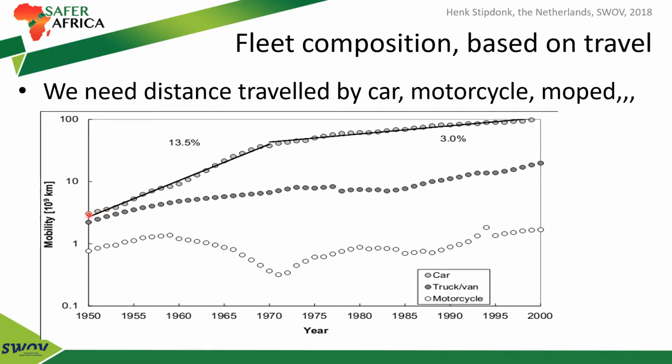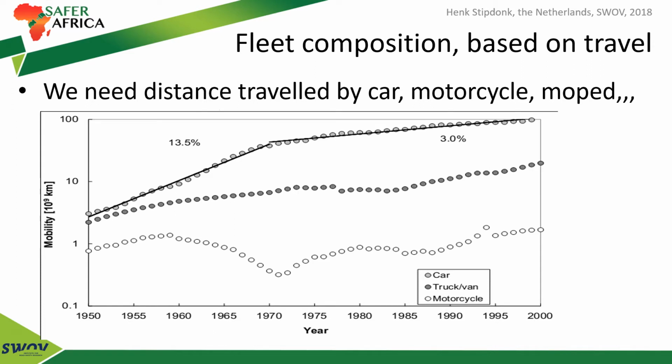In 1950, the total distance traveled by car would equal something like 3 billion kilometers annually, and this number increased to 10 billion kilometers in 1960 and to 50 billion kilometers in 1970, and from then on the increase became a little slower until in 2000 it reached about 100 billion kilometers traveled annually.